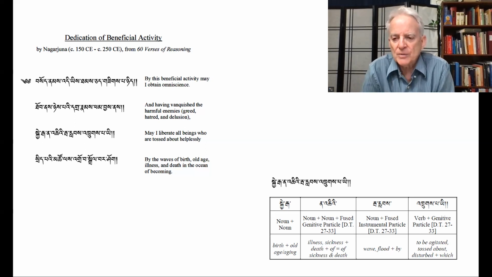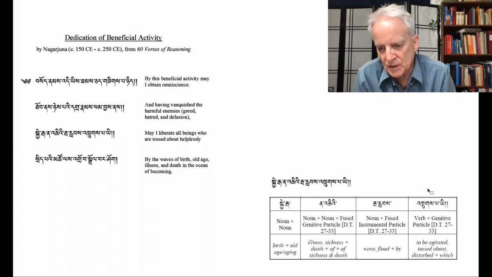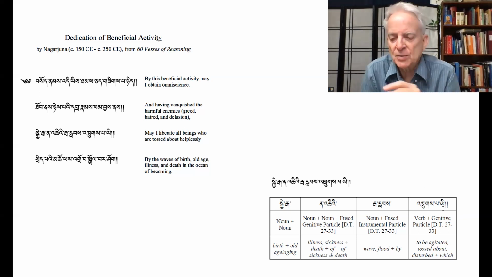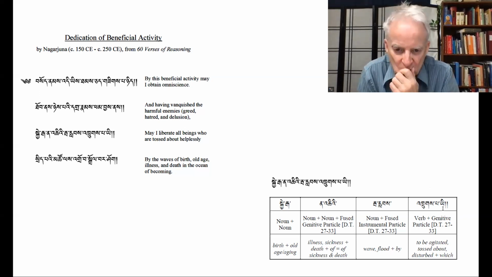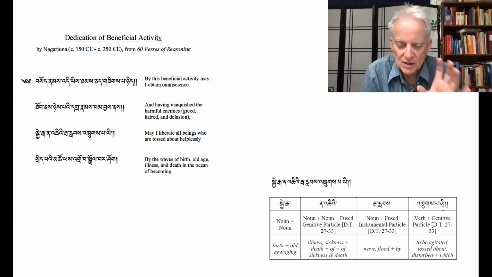Okay, so here, starting backwards, we have the verb trukpa, and then we have another genitive. So when a genitive comes on a verb, something a little bit different happens. As we learn Tibetan grammar, we learn about the 8 cases, for instance.